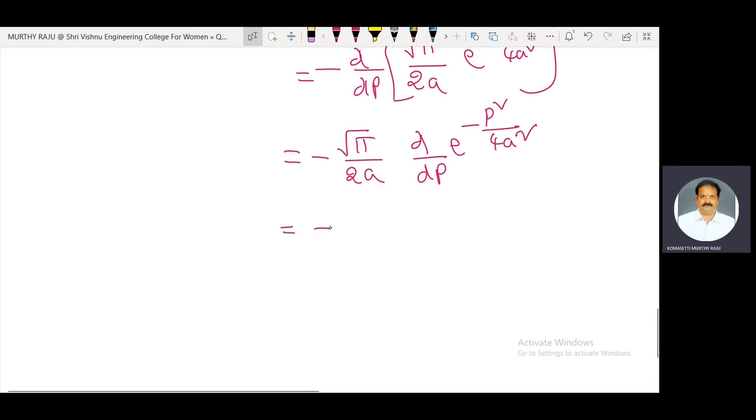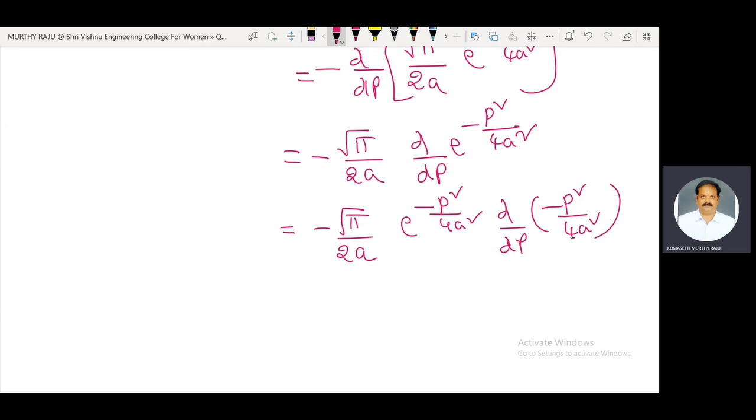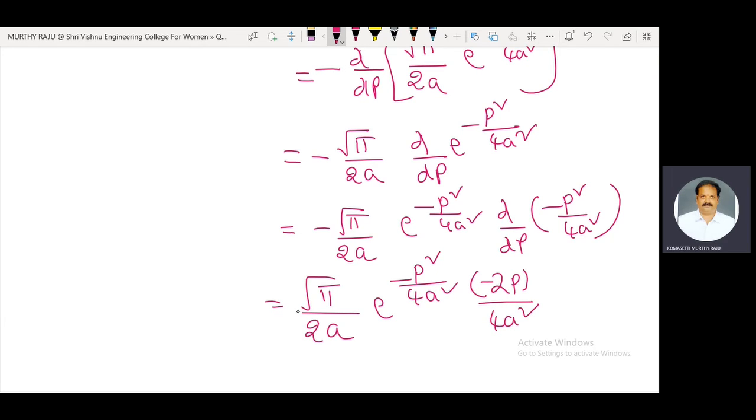That is equal to minus root pi by 2a e power minus p square by 4a square d by dp of minus p square by 4a square, which is minus 2p by 4a square.